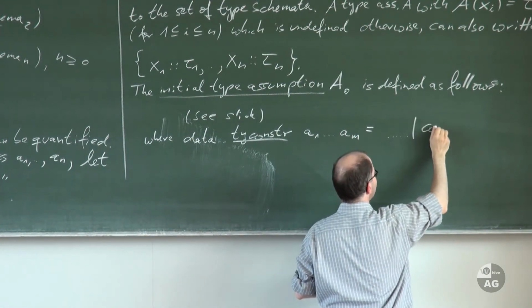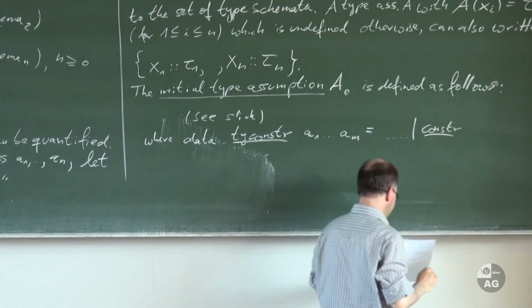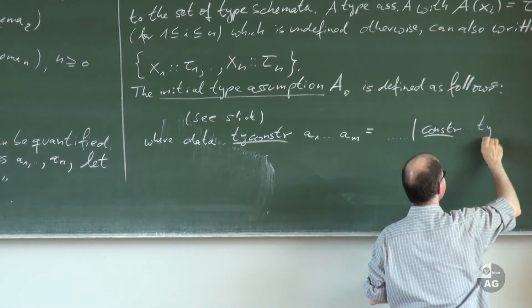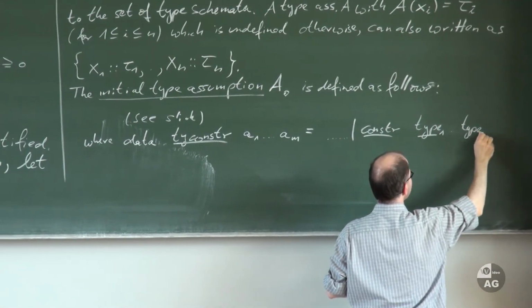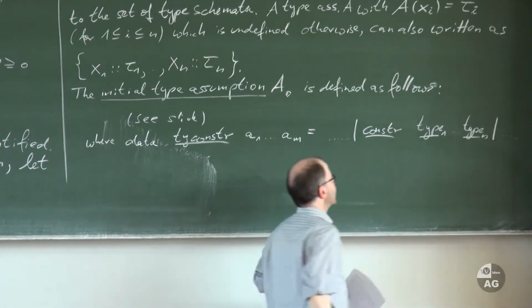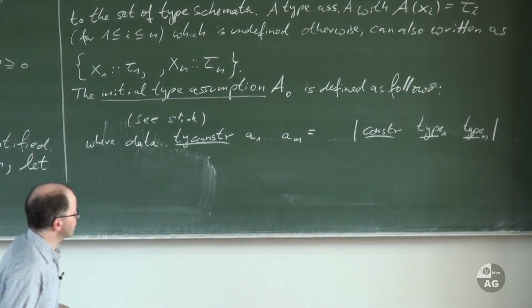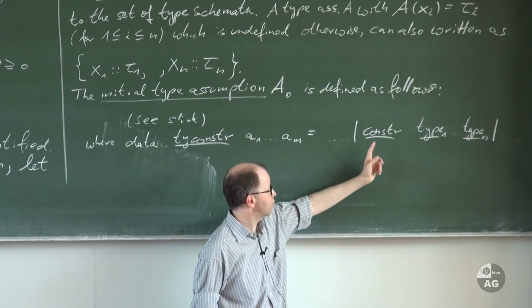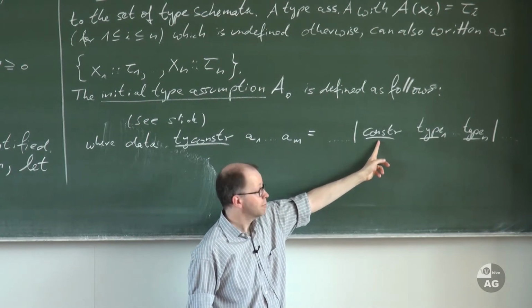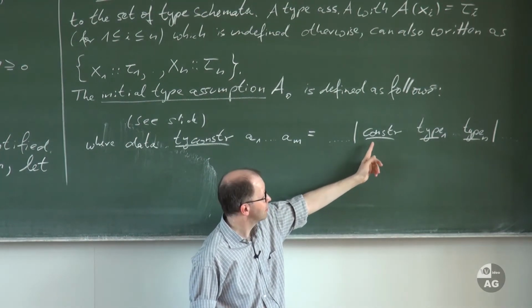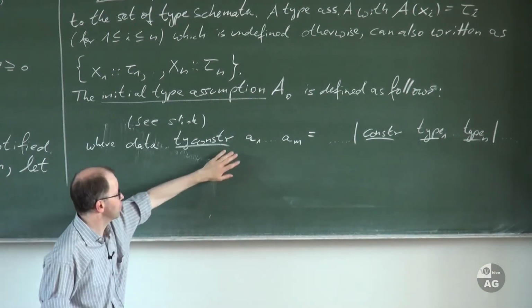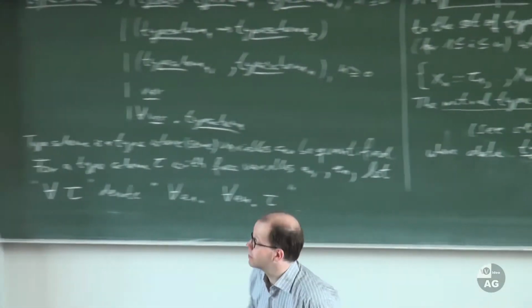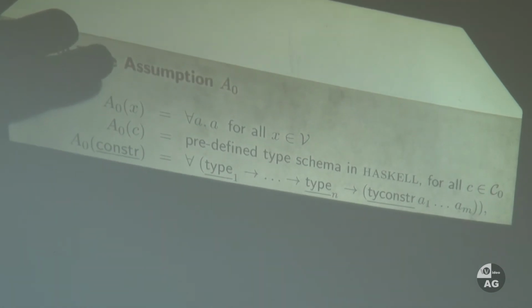And one of them is called constr. And this data constructor has arity n. So it takes arguments of type 1 to type n. And now the question is, what is the type of constr? Or what is the most general type schema belonging to constr? Well, that's clear. It should be a function which takes n arguments of these types and gives you back a result of this type. That's written here in the next line of this definition.